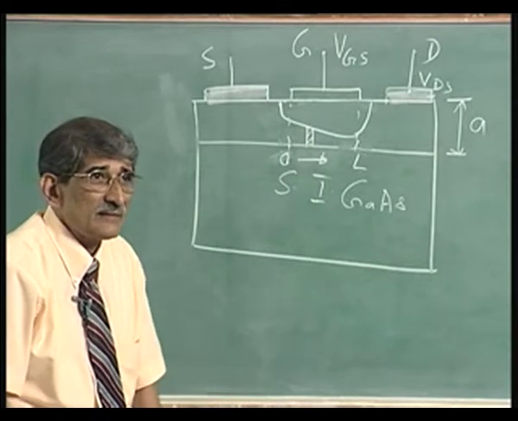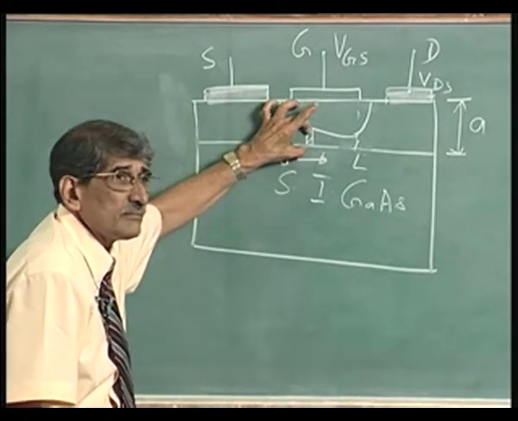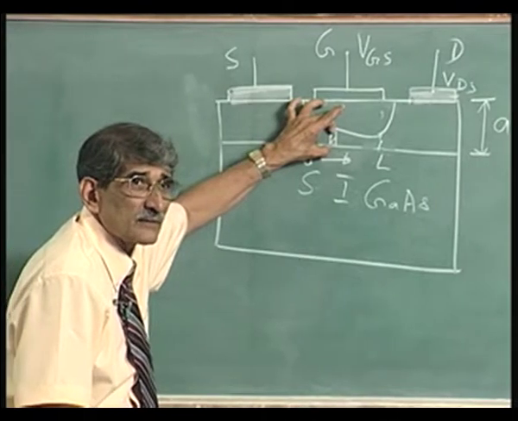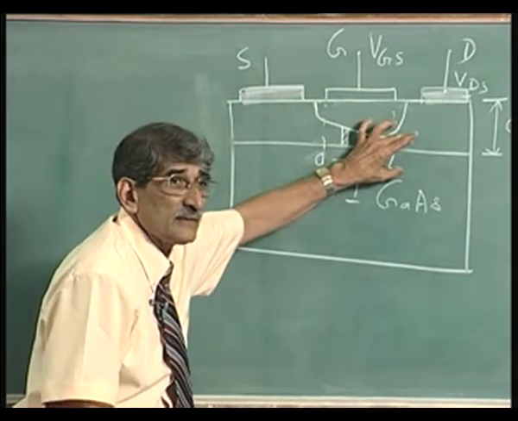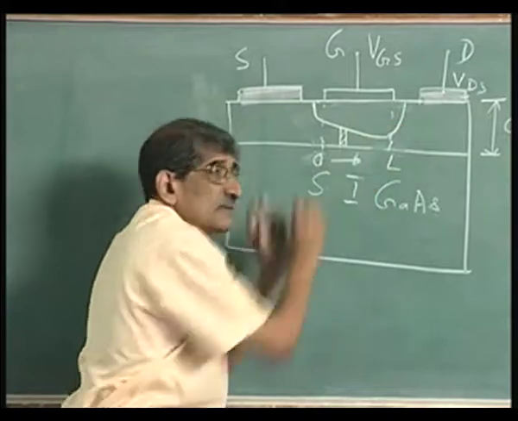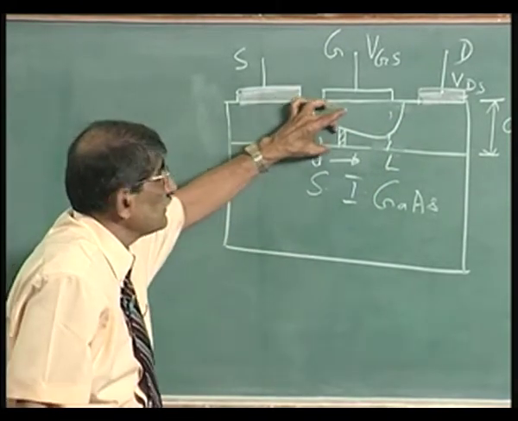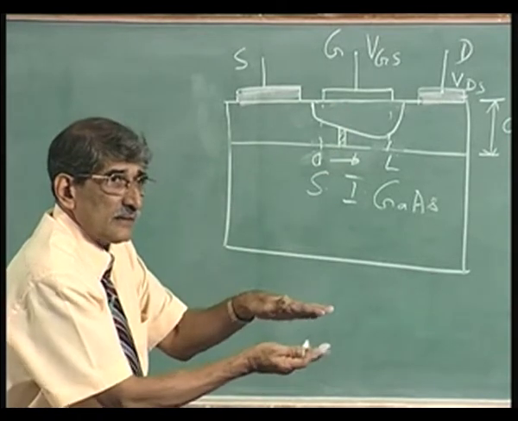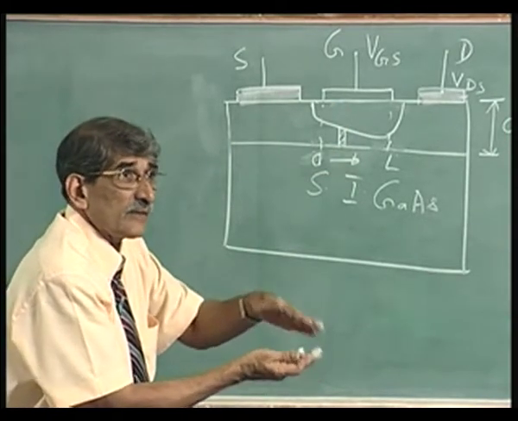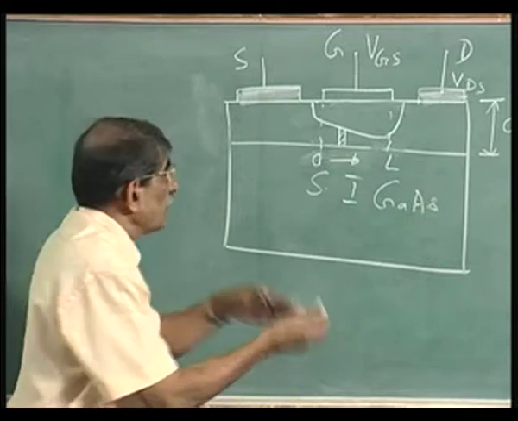In the previous case, this area of cross section was constant as you move from that end to this end. Now, because the channel thickness keeps on varying, reducing, it is not a constant resistor, it is a varying resistance. You can see what happens because of that.